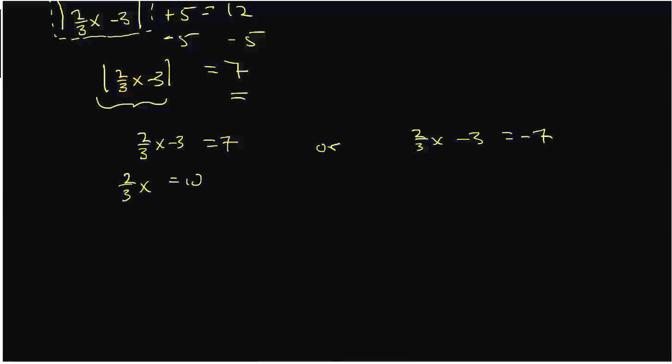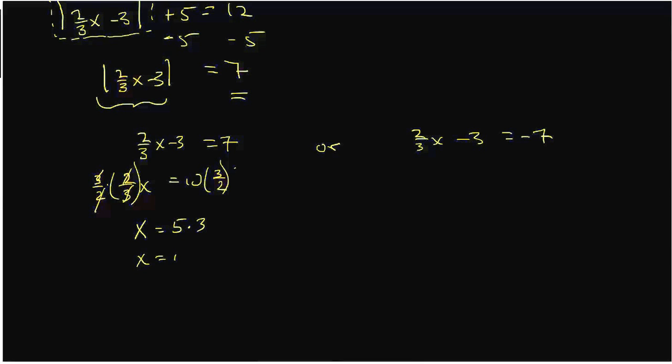Here I need to multiply both sides by the reciprocal, which is 3 over 2. That eliminates the 3, eliminates the 2, giving me a 1 times x, or just x. 2 goes into 10 5 times, 3 times 5 is 15.